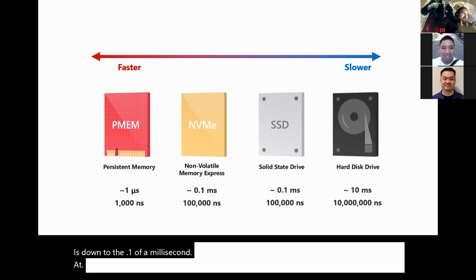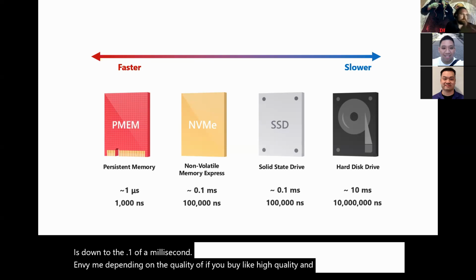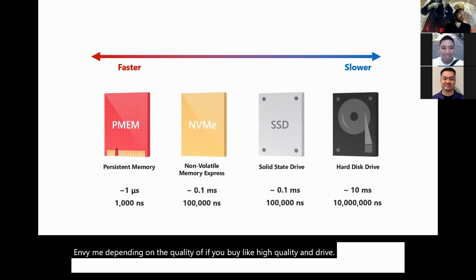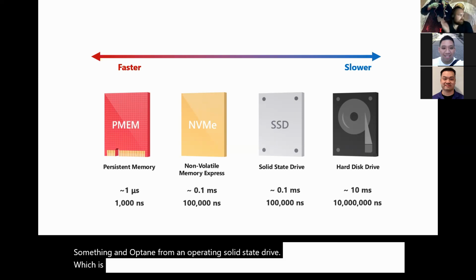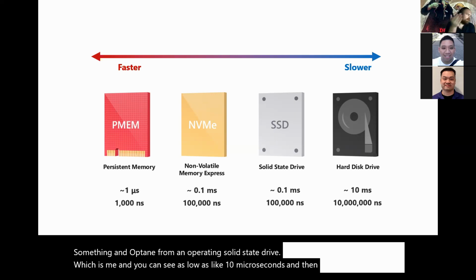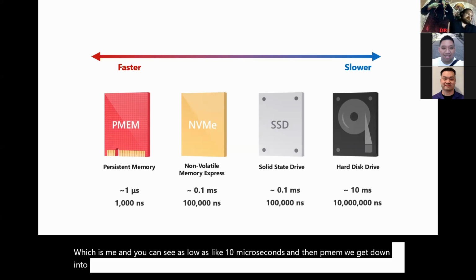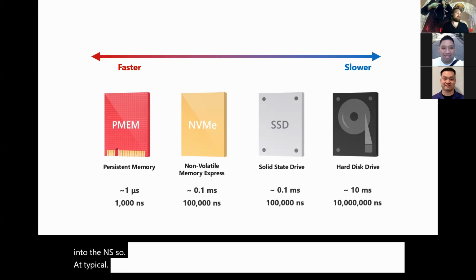NVMe, if you buy a high quality drive, something like an Optane solid state drive, which is NVMe, you can see as low as 10 microseconds. And then PMem, we get down into the nanoseconds. A typical read would be like 300 nanoseconds.